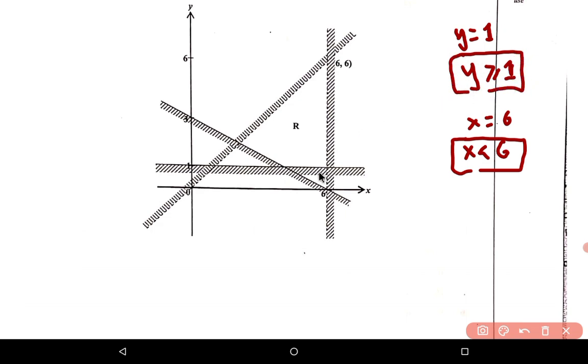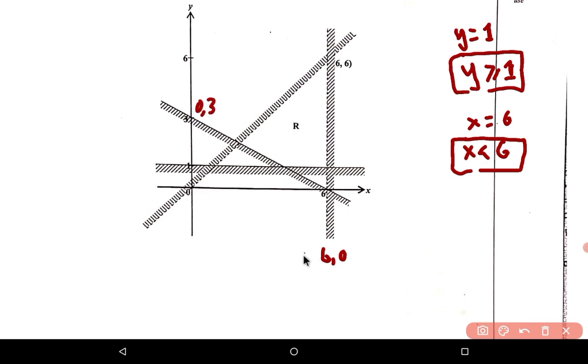Then we're remaining with 2, so we can get this one here. For this particular one, you have points. This is 6, that is 6,0. And this point is actually 0,3.